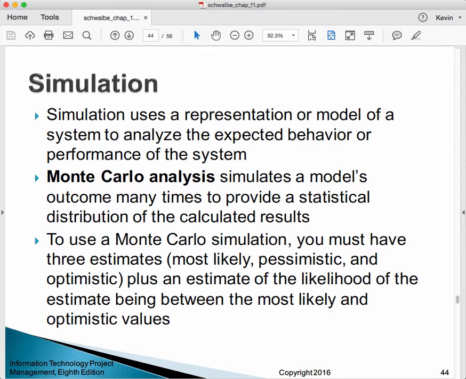So Monte Carlo analysis simulates a model's outcome many times to provide a statistical distribution of the calculated results. To use the Monte Carlo simulation, you must have three estimates, most likely, pessimistic, and optimistic, remember PERT, plus an estimate of the likelihood of the estimate being between the most likely and the optimistic values.